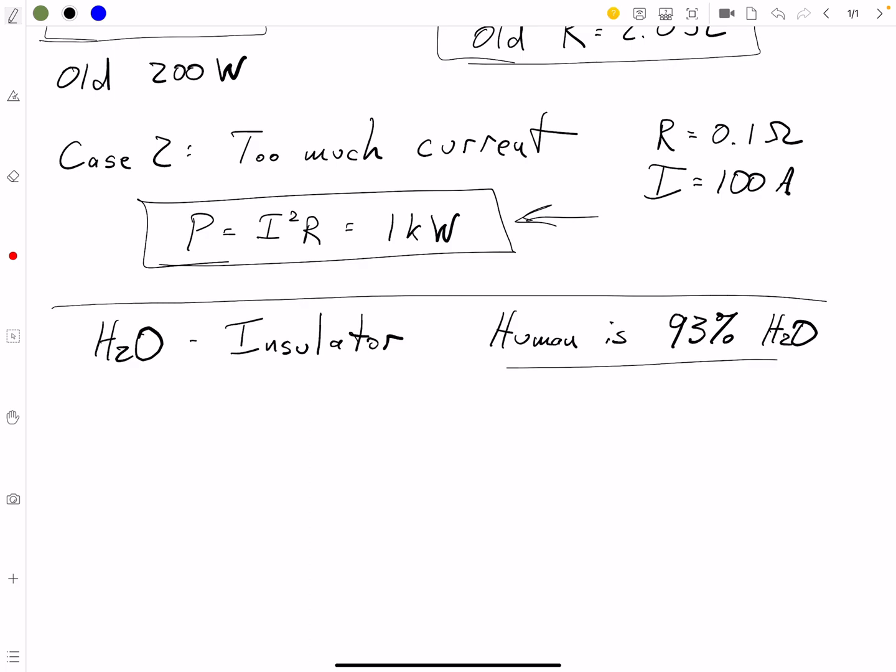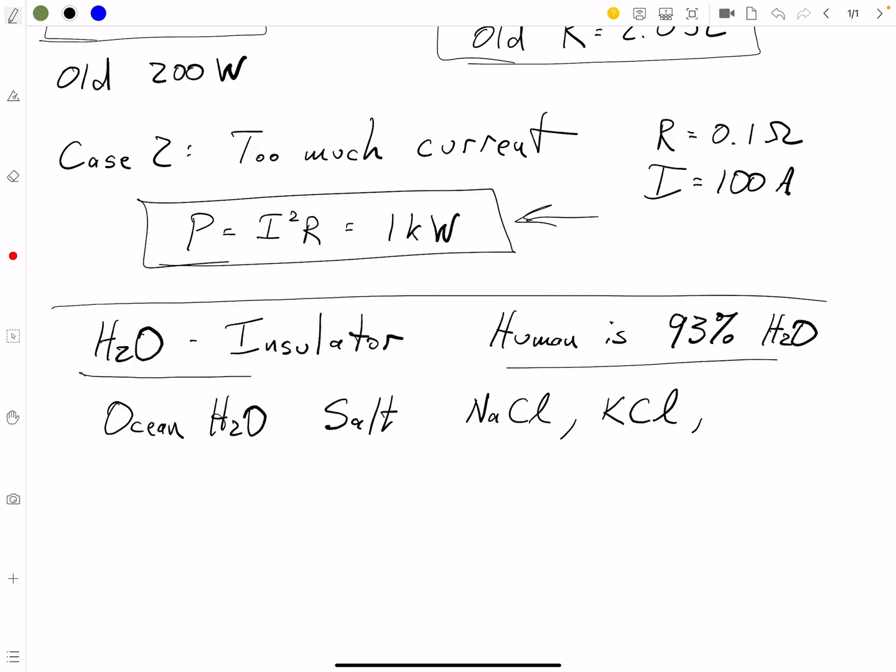So, but in a human, that water is kind of contaminated. In fact, we're much like the ocean. Ocean water. Well, what does the ocean water have in it? Salt. Salts, Na sodium chloride, and potassium chloride, those kinds of things we are full of.